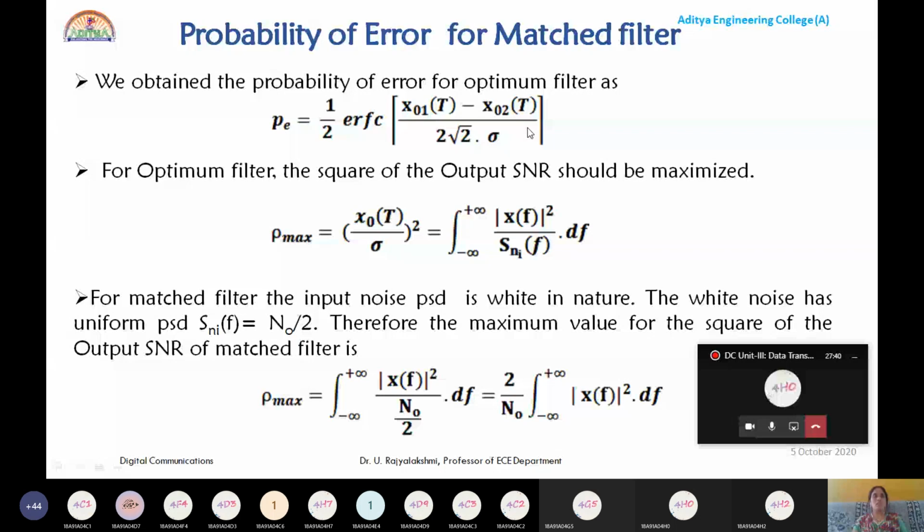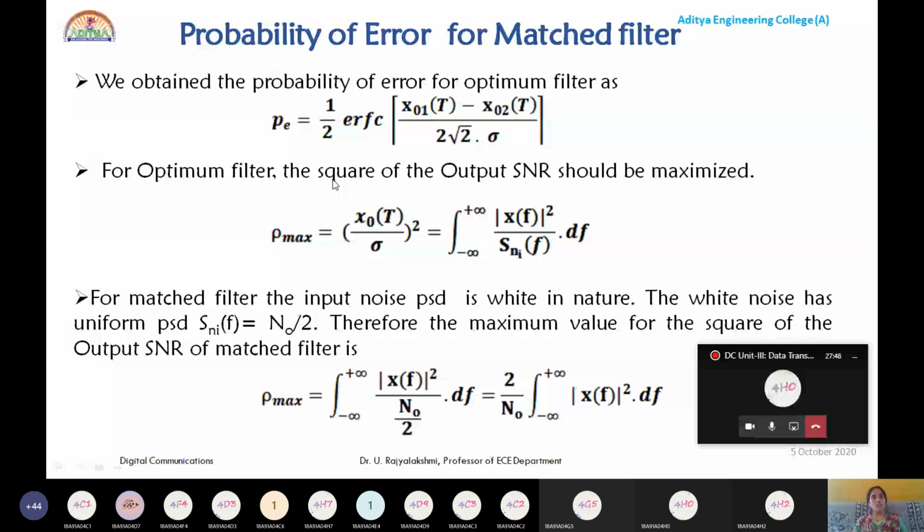So for the optimum filter, as I already told you, the square of the output SNR should be maximized. So that's why we considered x02(t) as some x0(t), which is the change in the output signal magnitude. Similarly, x(t) will be the change in the magnitude. Here x0(t) is the signal magnitude, which is (x01(t) - x02(t))/2, divided by sigma only.